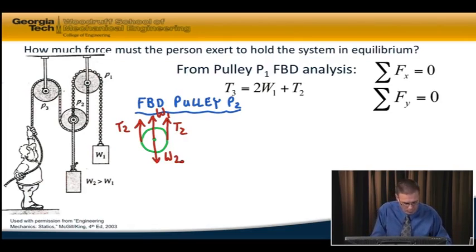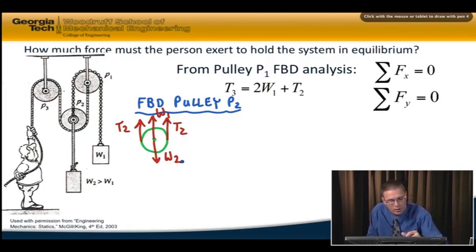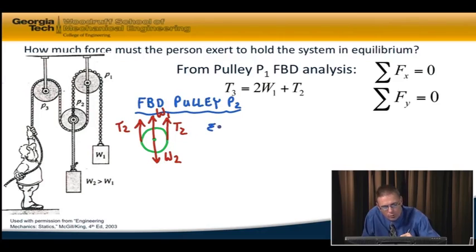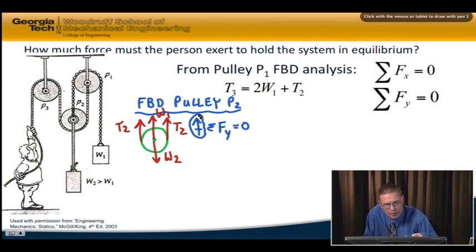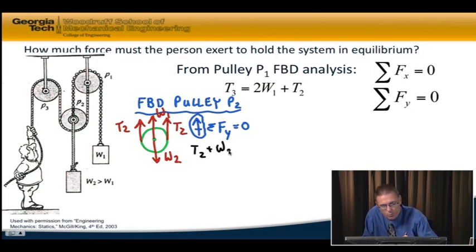Once we've got that, we can assemble our equation. Again, there are no forces in the x, so we'll only sum forces in the y direction and set it equal to 0. I'll choose up as being positive. So I've got T2 positive because it's up, plus W1 positive because it's up, plus T2, minus W2 equals 0.